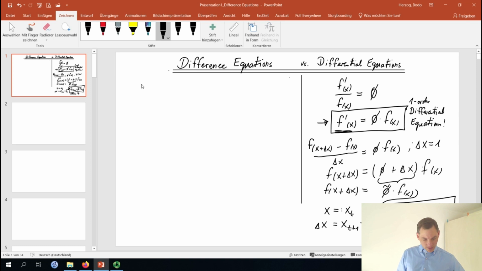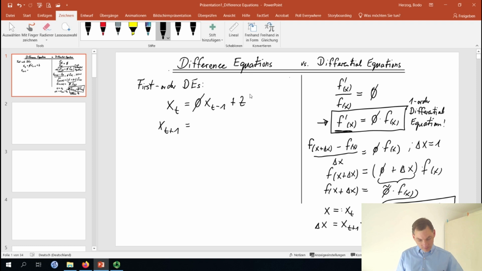So in general, we can relabel this box at the bottom and say the first order difference equation, in short DE, can be written as x of t plus phi times x of t minus 1, or in general plus some constant c. Or of course we can say this is x of t plus 1.